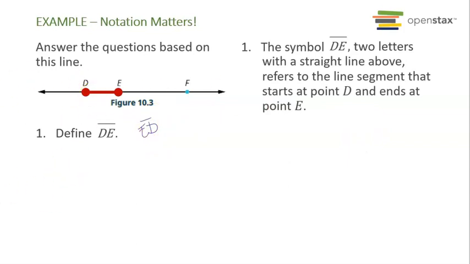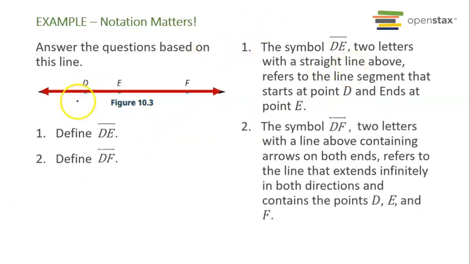Now, if this piece is going to go on forever and I want that full line, most of the time we use the ones that are out on the ends, the outermost ends. So this would be DF, and you can see up here, I have the arrow on both ends. I could have said DE with the arrows, but we usually use the point that's furthest out.